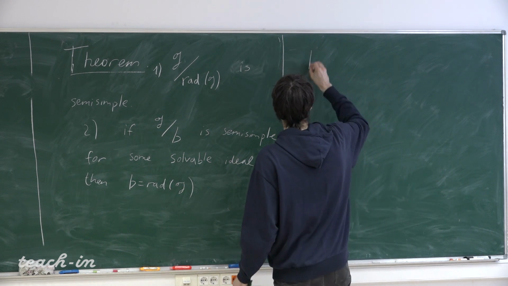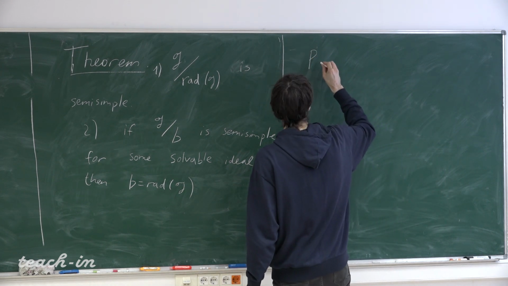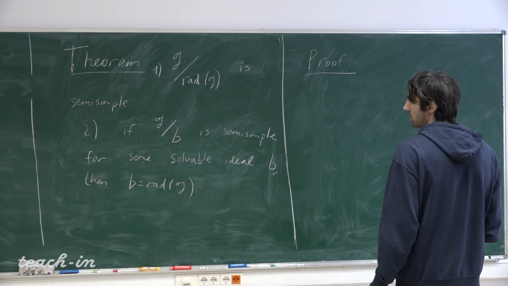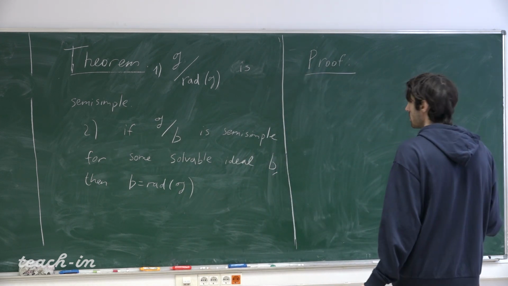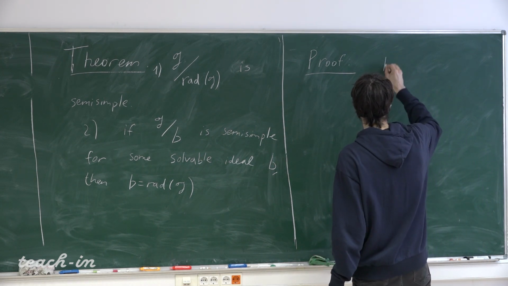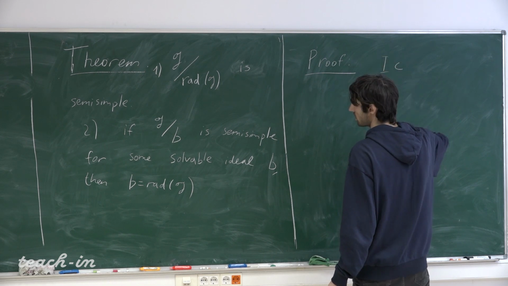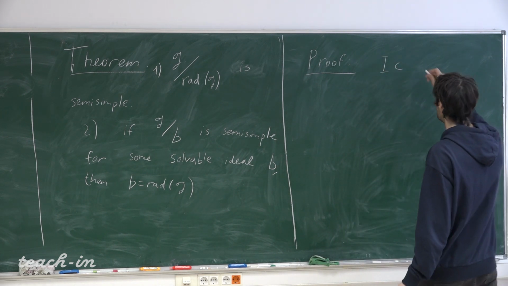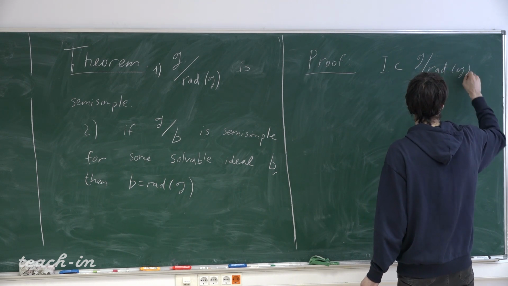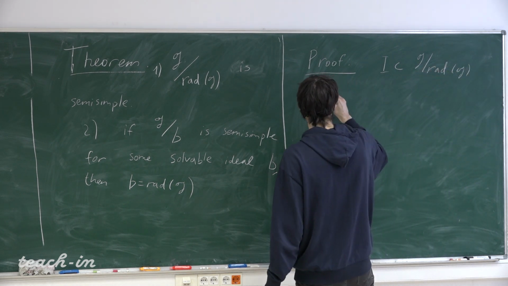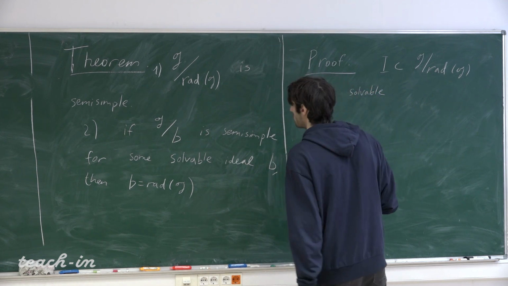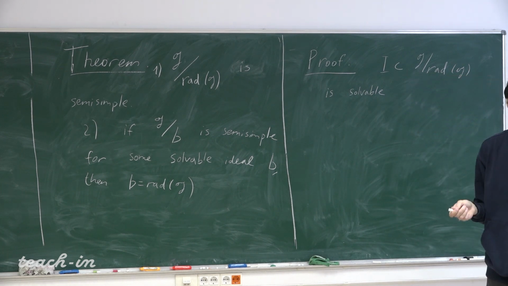So, proof. Let's first prove part 1. Again, how do we usually prove that something is semi-simple? We suppose that I inside G by radical G is solvable. Then we should prove that it is actually 0.